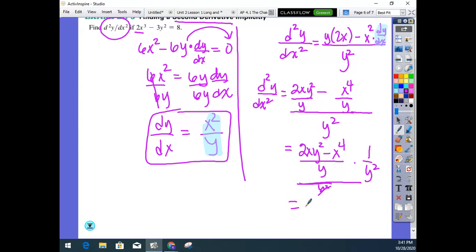And I get the numerator 2xy squared minus x to the fourth, all over y to the third. So it just gets ugly when you have a quotient rule with the second derivative because you have fractions within fractions. So get your common denominator, put it all together, multiply by the reciprocal.